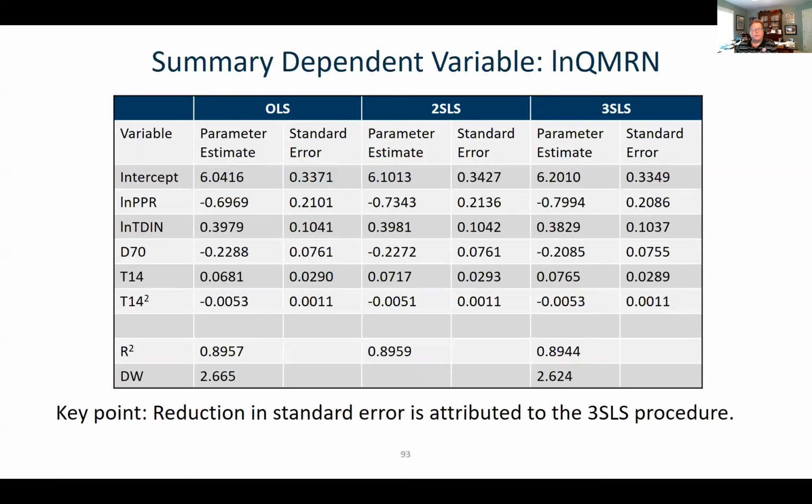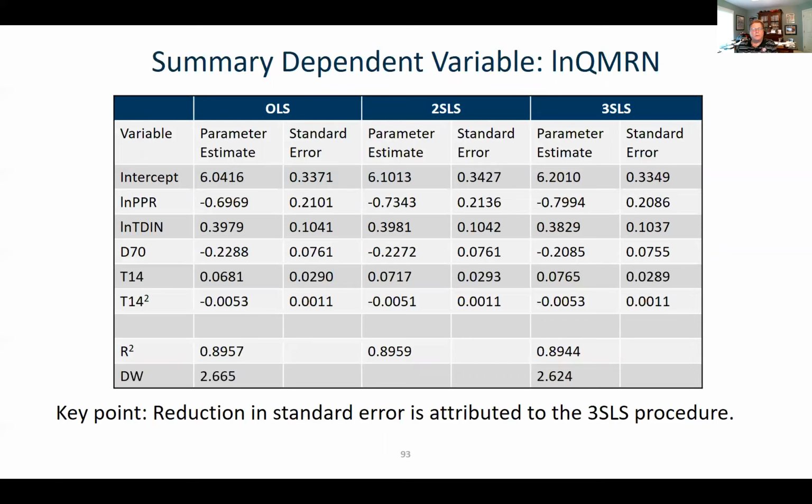And if we went back here, given the fact that this is a dummy variable, we can use the same trick that we had before to talk about how much of a reduction in QMRN occurred after 1970 relative to before 1970, because the dependent variable LQMRN happens to be a log. And this is also log, so this is actually the elasticity here.